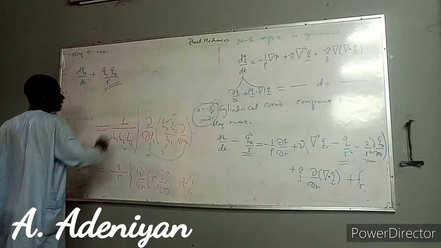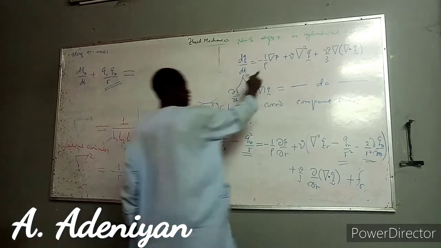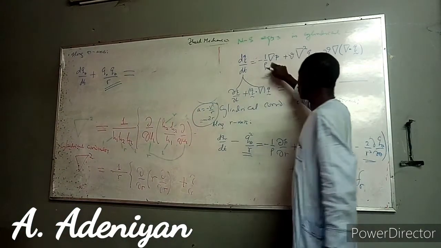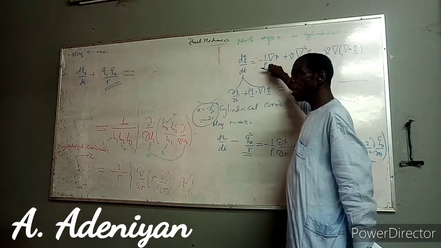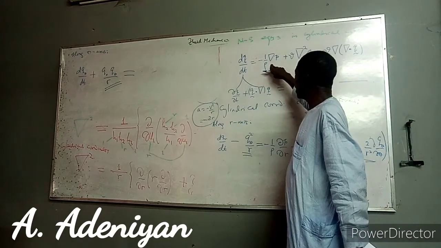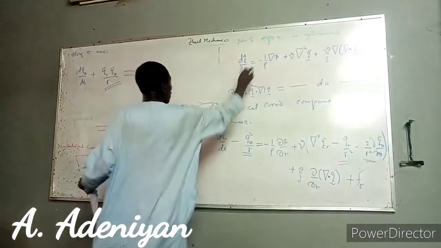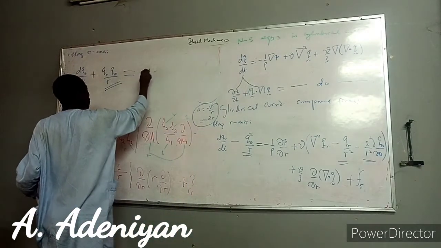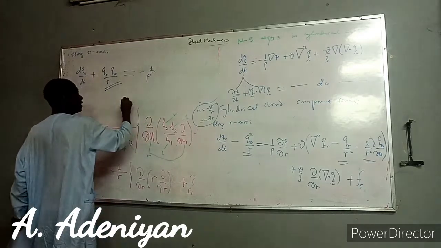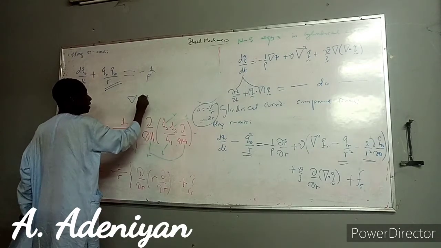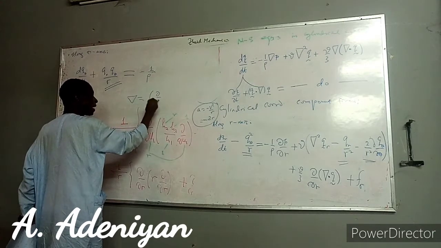Now let us come to this side. From what we've done today, you can see that I want to write the components of this. Don't forget, the del operator along theta is 1 over r. So that means that again I write minus 1 upon rho. But because del in the cylindrical coordinate system is what?